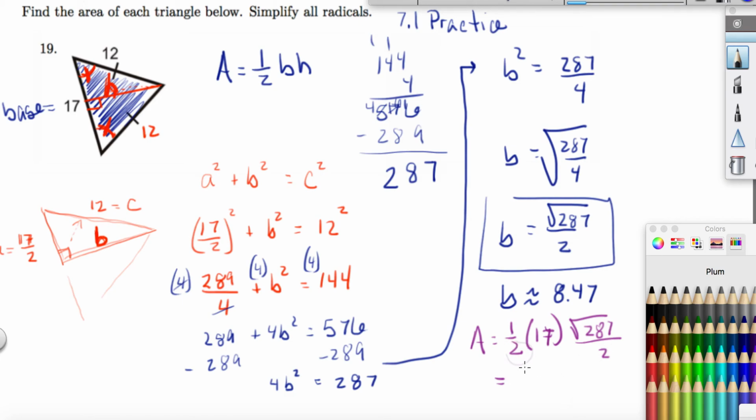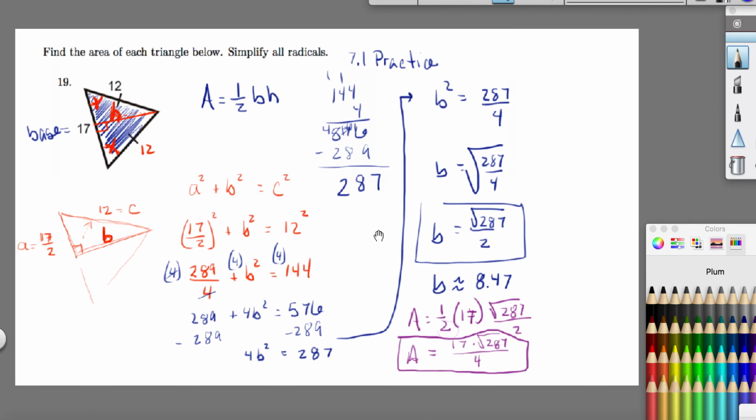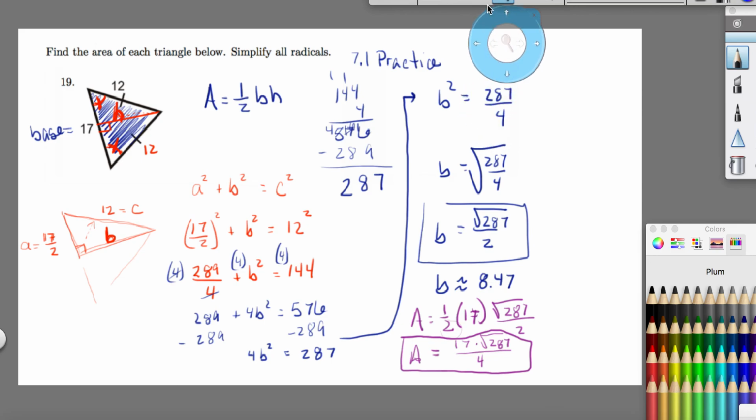So we could say 17 times root 287 all over 4. That would be our area, and this is really, really ugly. But that's how we do it in radical form.